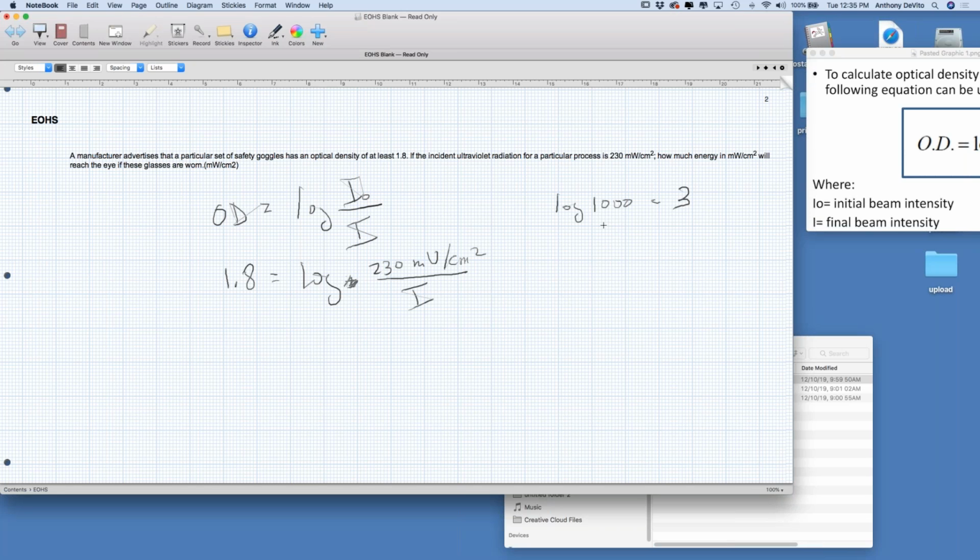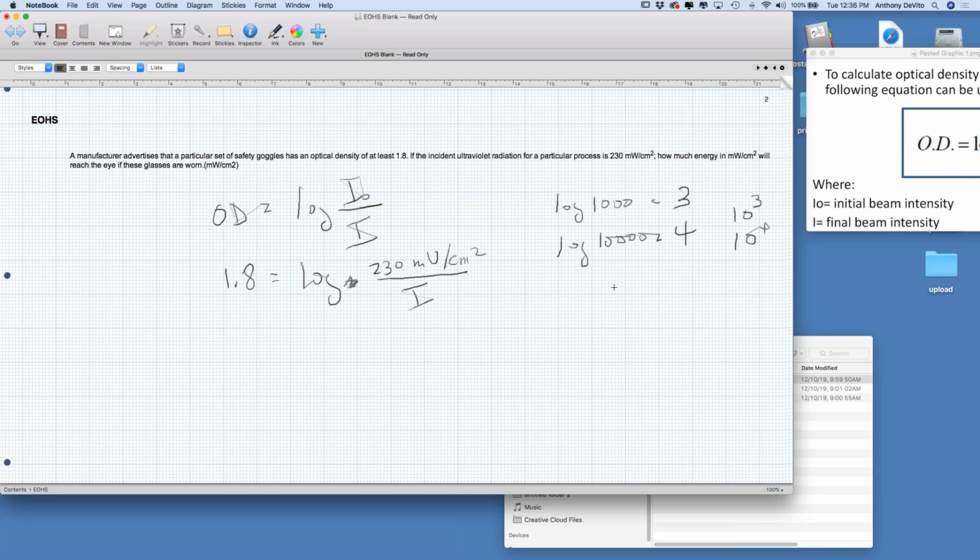The logarithm of a number like 1,000 is the power to which 10 has to be taken to get that number. 10 has to be taken to the third power to become 1,000. So the logarithm of 10,000 would be equal to 4, because 10 to the fourth is 10,000.